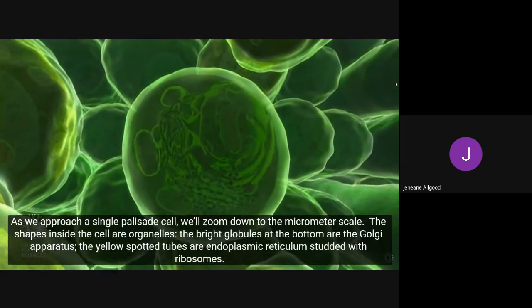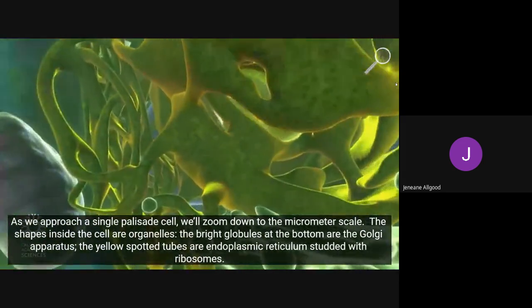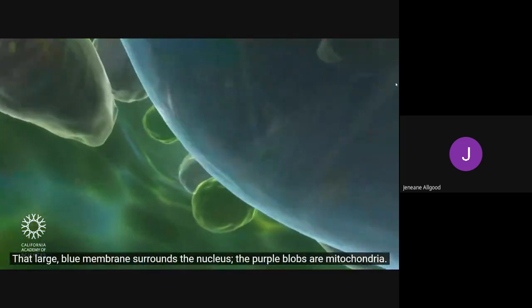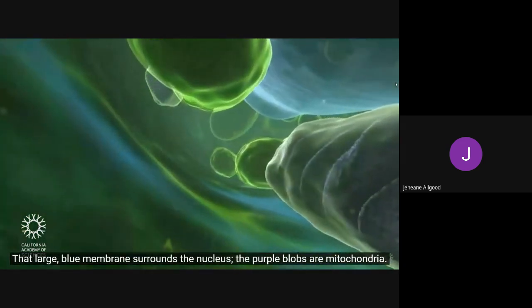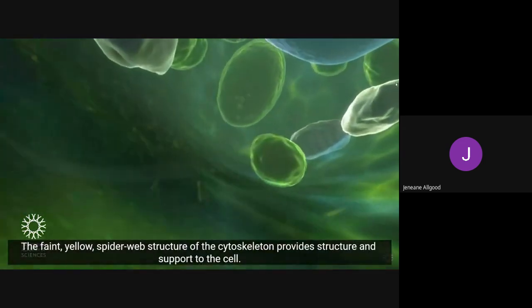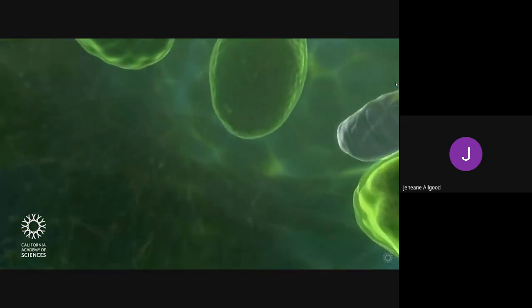So that is one mesophyll cell right there. And it tells you the purple blobs are the mitochondria, because remember, it's not that plant cells have chloroplasts and human cells have mitochondria. Plant cells have both.